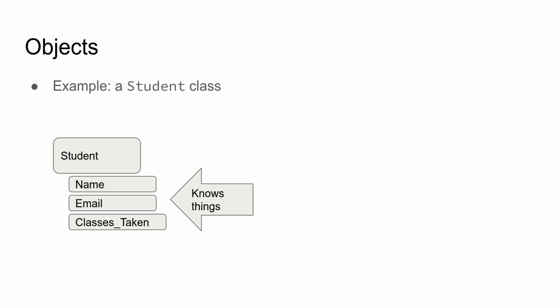And so here we're giving a general specification that, well, a student will have a name, an email, and some classes that they are taking or have taken in the past. And that's what the class specifies. It doesn't tell you what the name of a particular student is. It says students have names, and students have emails, and students take classes, and we'll keep a list of those.